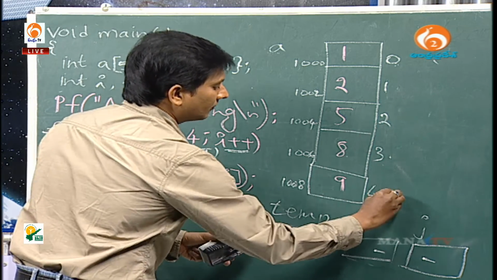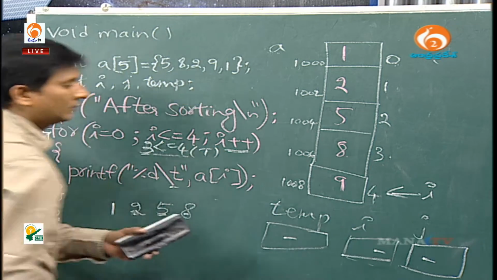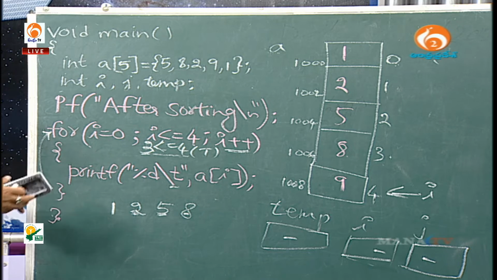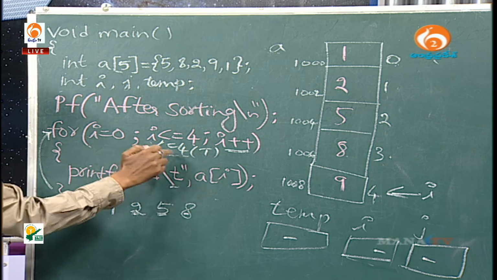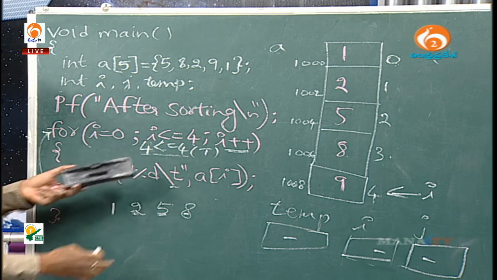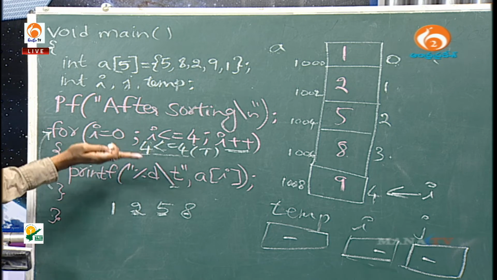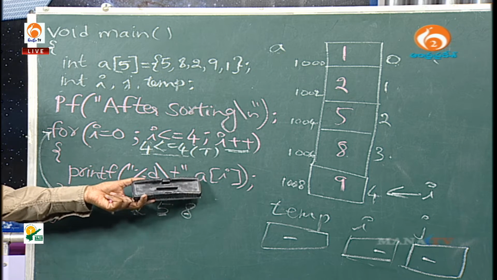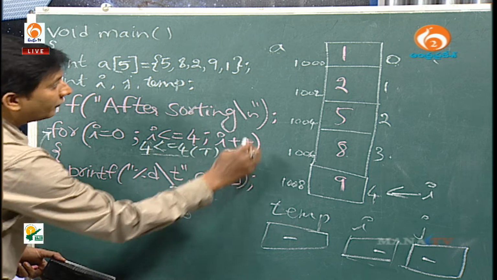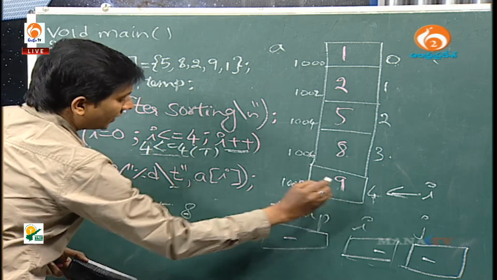Okay. Now the condition is checked, 4 less than or equal to 4, condition is true. Control enters the body of the for loop. Printf %d a of I means 4, a of 4, that is 9.